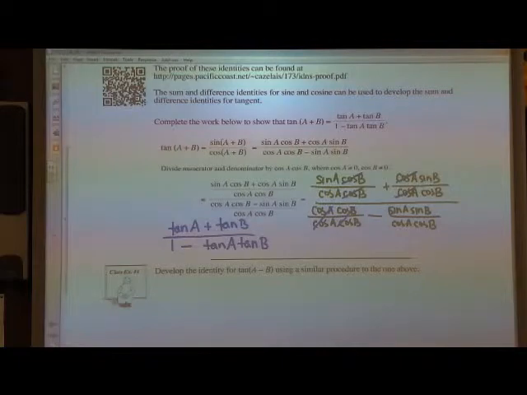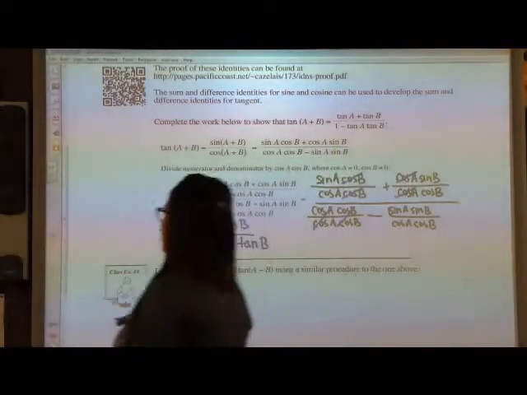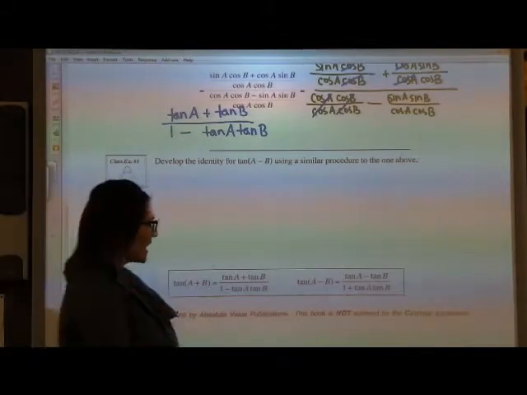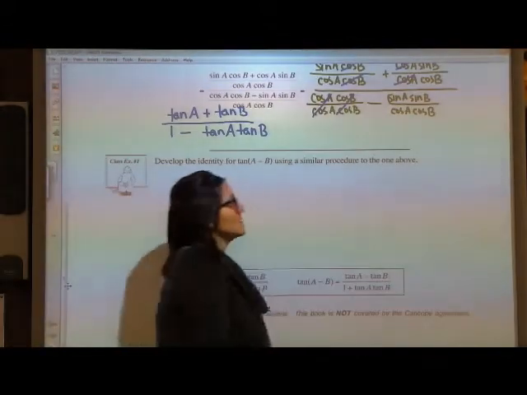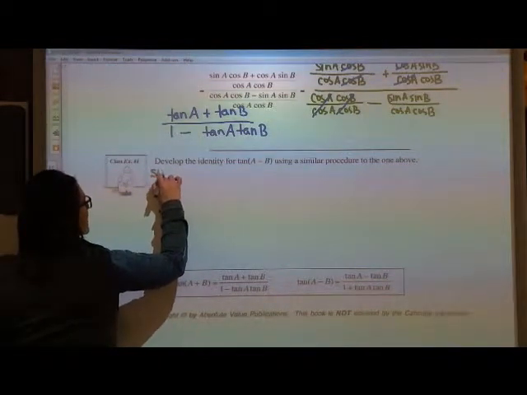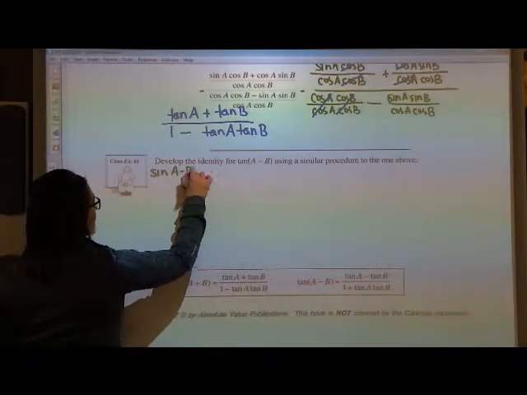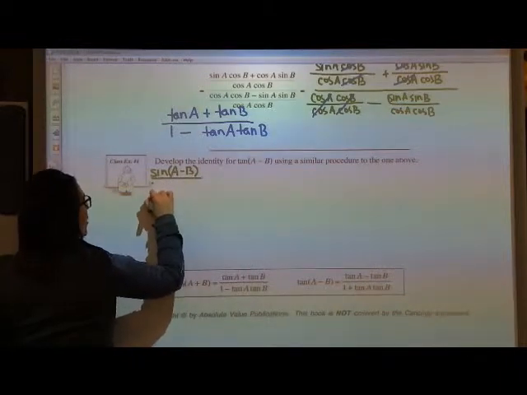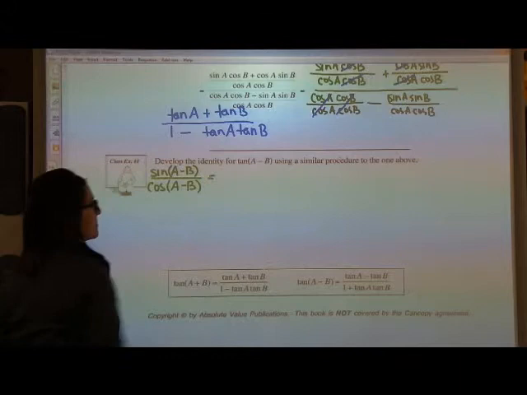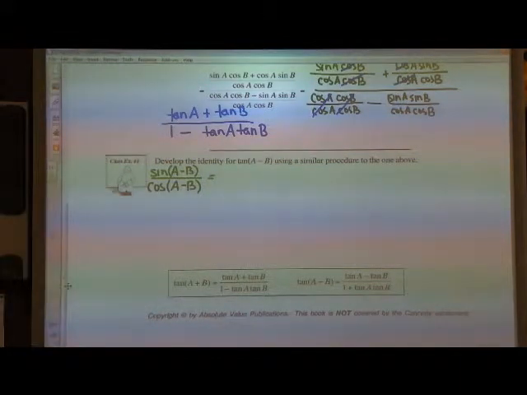Okay, so we're going to do something similar for tan A minus B. So tan A minus B will start off as being the same as sine A minus B over cos A minus B. And if we go up to the top of the page, what is sine A minus B equal to?